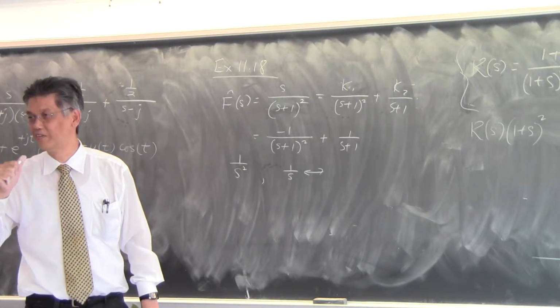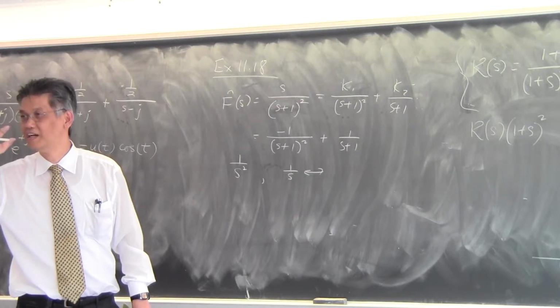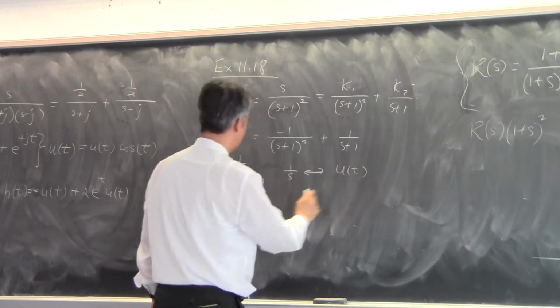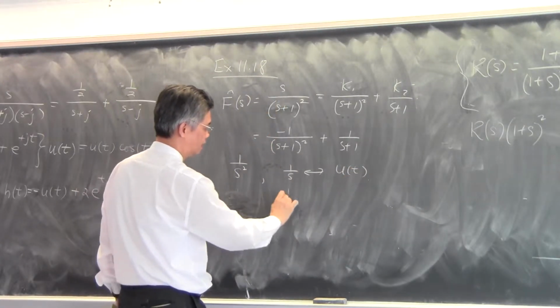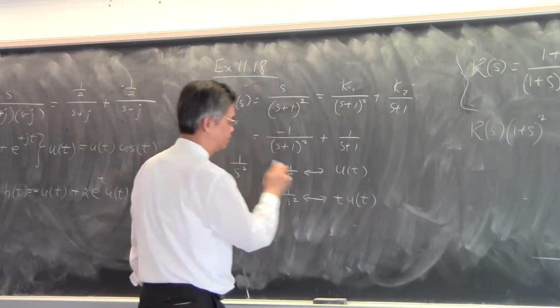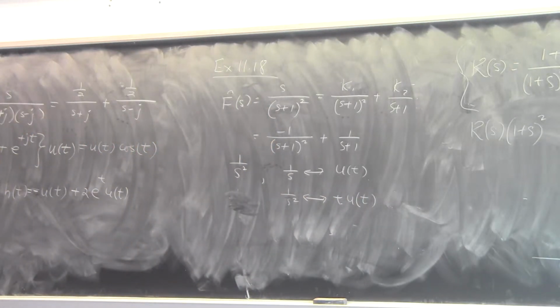Almost correct, but not quite correct. Yes? u(t). u(t), okay, unit step. Okay, 1 over s squared, Laplace inverse transform to t u(t). Okay, you can look that up. And you can also derive that quite easily.